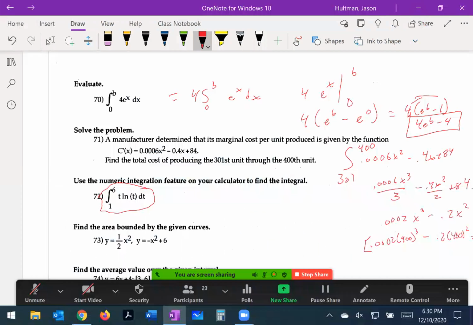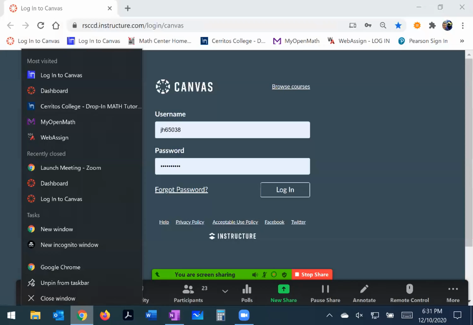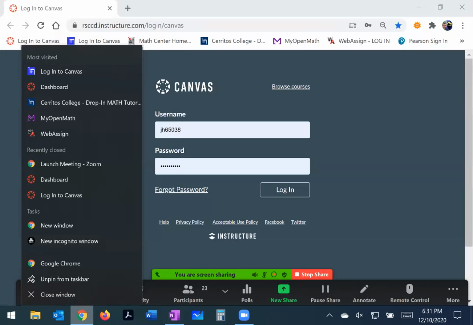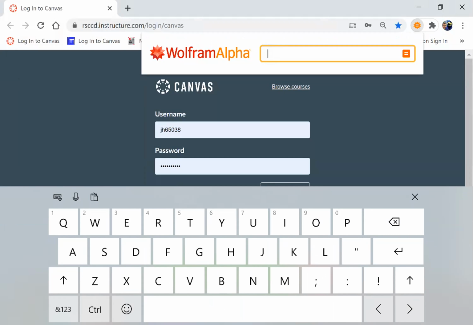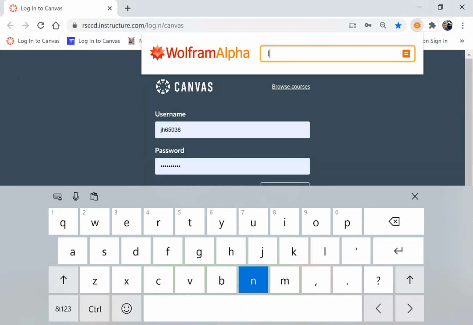Don't remember now. t from 1 to 6, dt. Oops. Where's my page? Oh, it was here. Ah, it went away. That's not good. Okay, let's try this again.